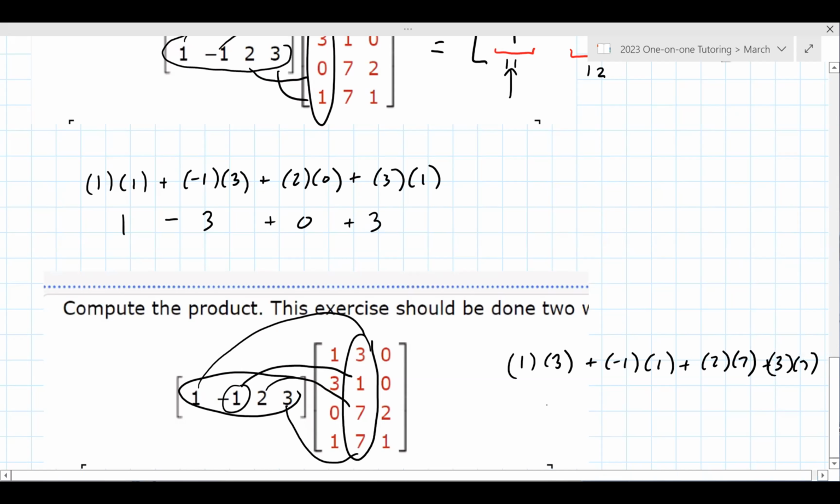So 3, -1, 14, and 21. That does add up to 37. Sorry, 37.